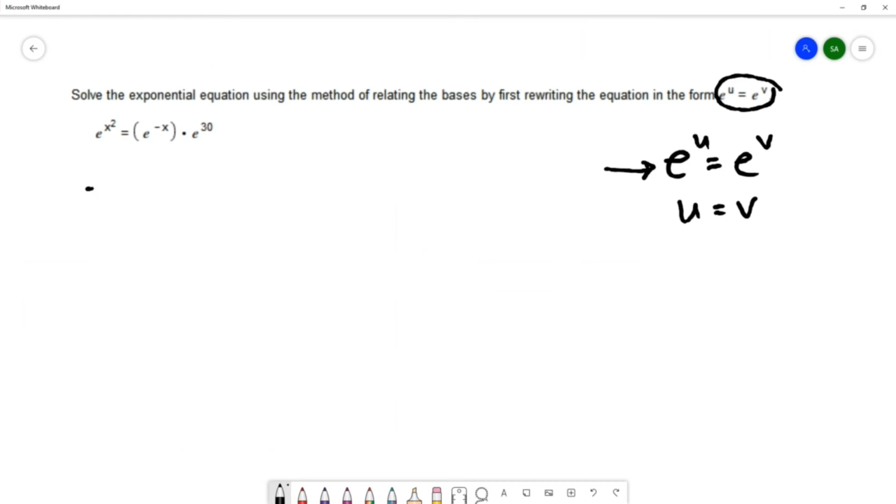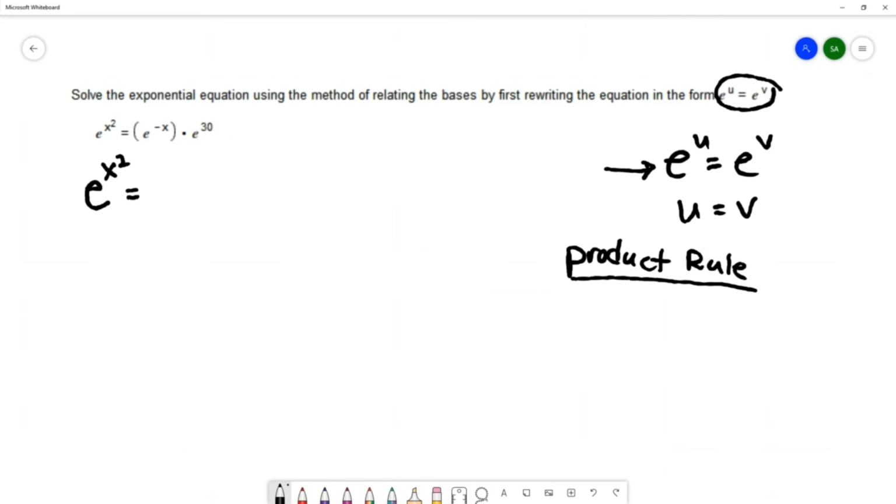So on the left, we already have e to the x squared, so we don't need to make any changes to that. On the right-hand side, we're going to use a property of exponents called the product rule to combine those two expressions together. We can use that product rule because they have the same base. So let me show you, this is the product rule for exponents.